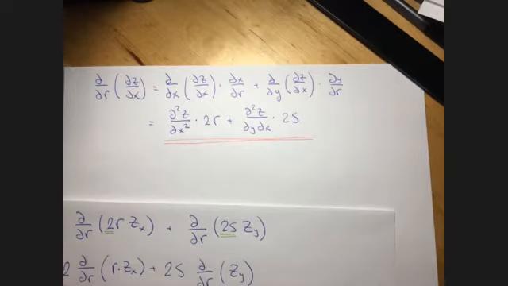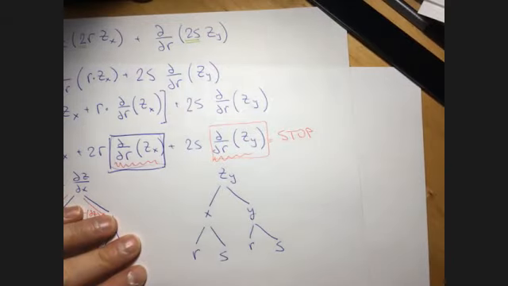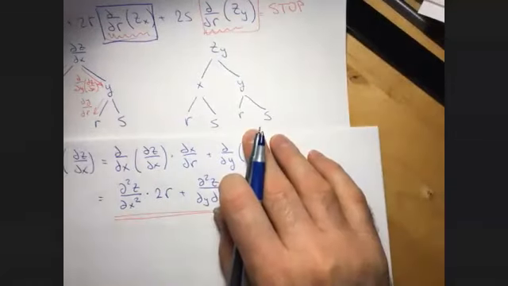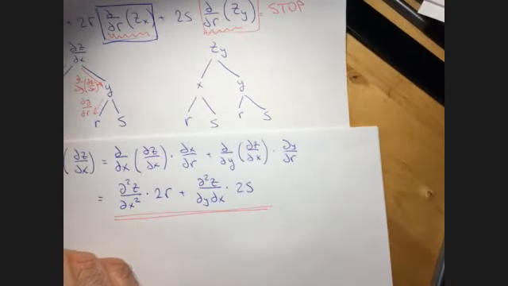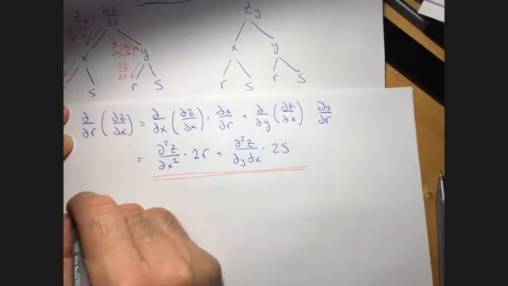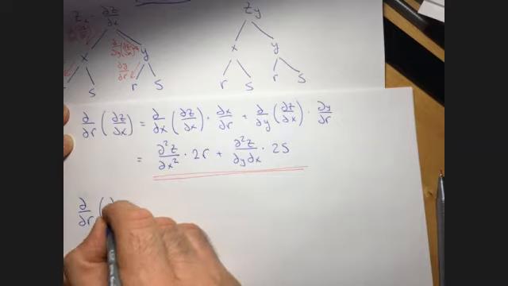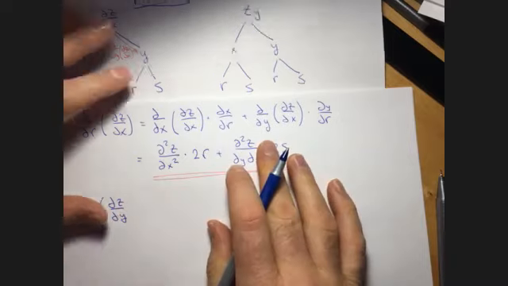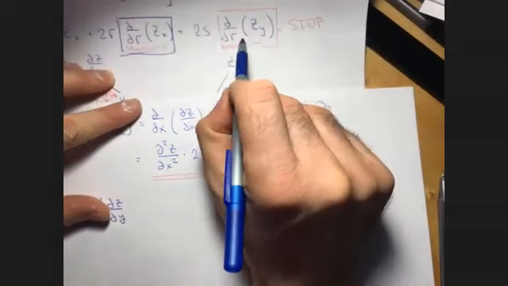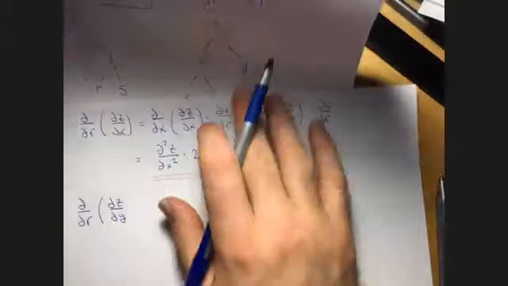Now, let's do this one. The partial derivative with respect to r of partial z partial y, this one right here, is going to be what?